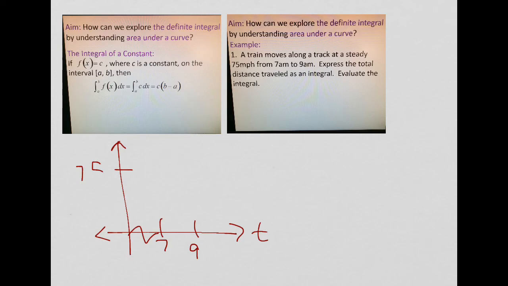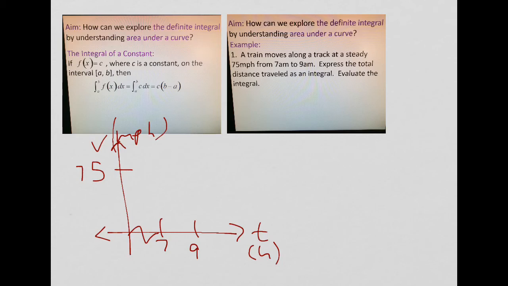A train moves along the track at a steady 75 miles per hour from 7 a.m. to 9 a.m. So what does that mean graphically? We're looking from 7 to 9, and it's steady at 75 miles per hour. This is your velocity in miles per hour, and time is in hours because I'm using 7 and 9.